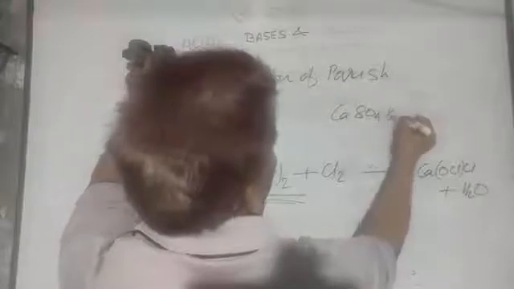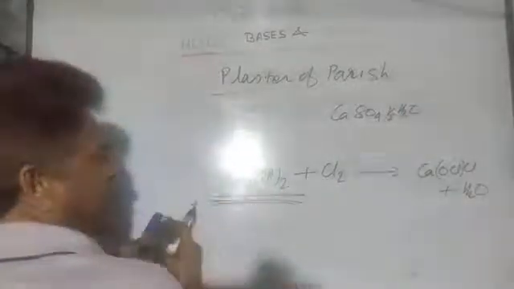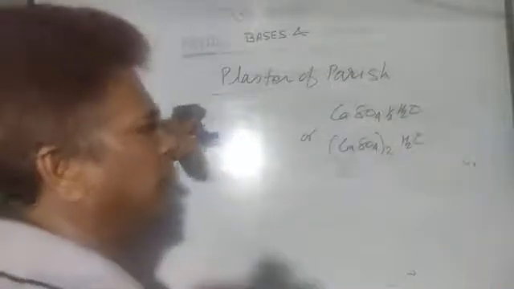So all of you know the formula of plaster of Paris, that is calcium sulfate with half water molecule associated, meaning semi-hydrated calcium sulfate, or you can write calcium sulfate whole 2 and 1 molecule water. So anyone you can write.